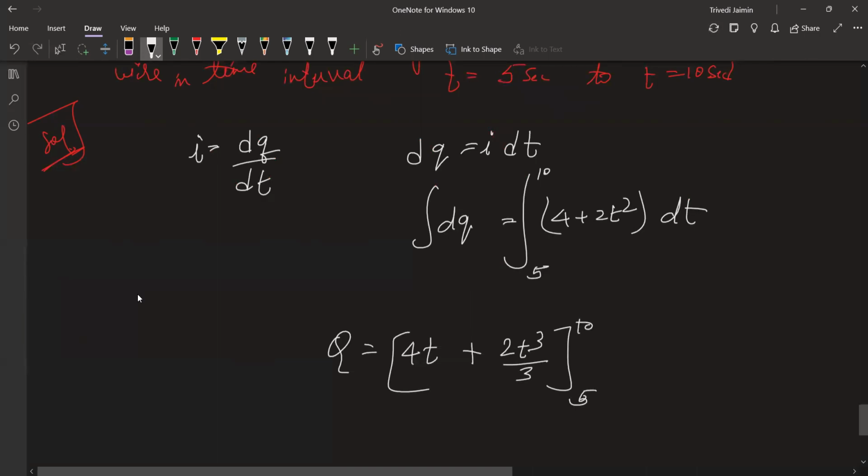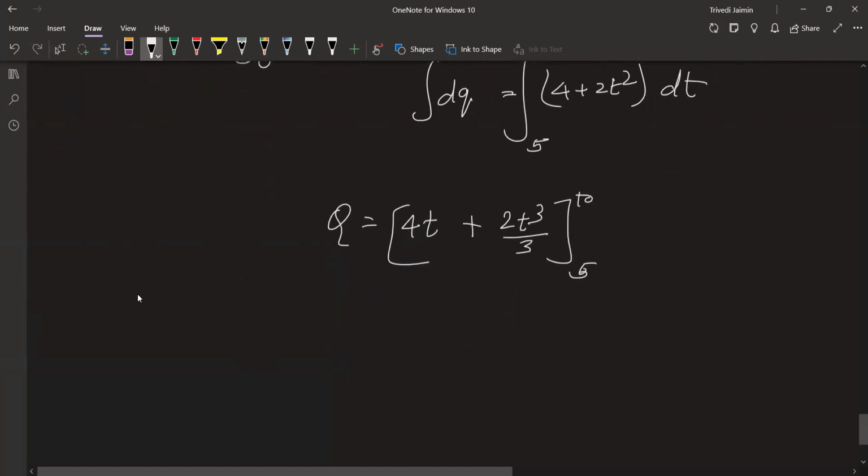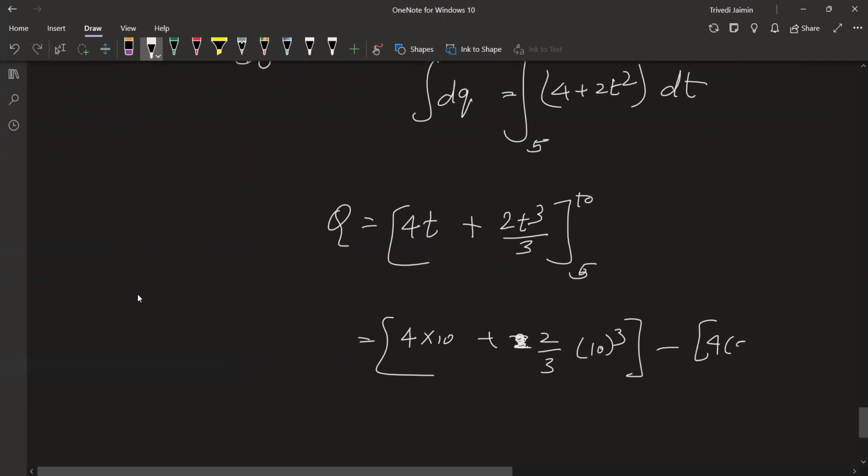So 4 into 10 plus 2 by 3 into 10 cube, minus 4 into 5 plus 2 by 3 into 5 cube.